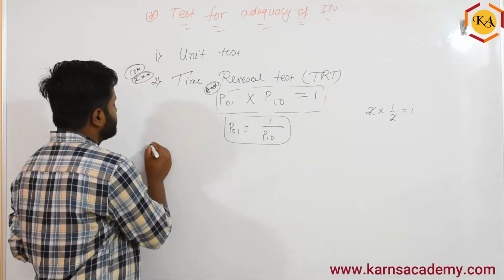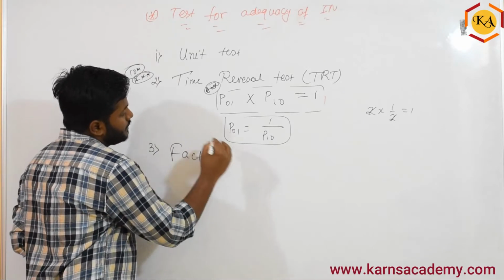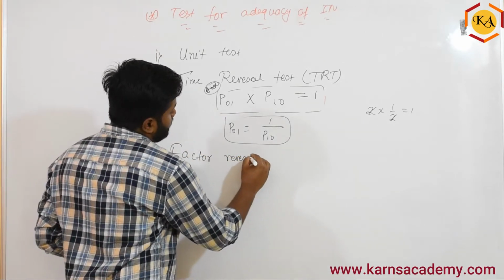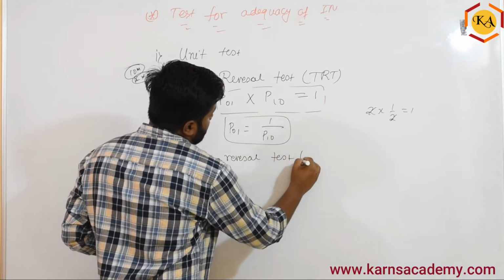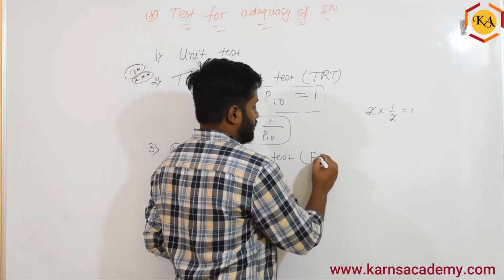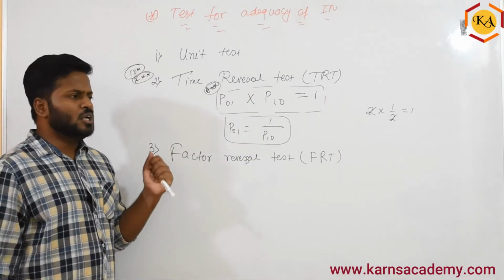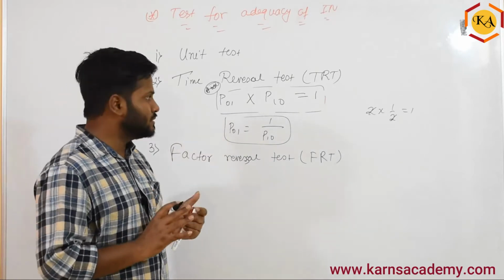The third method is the factor reversal test, also called FRT.